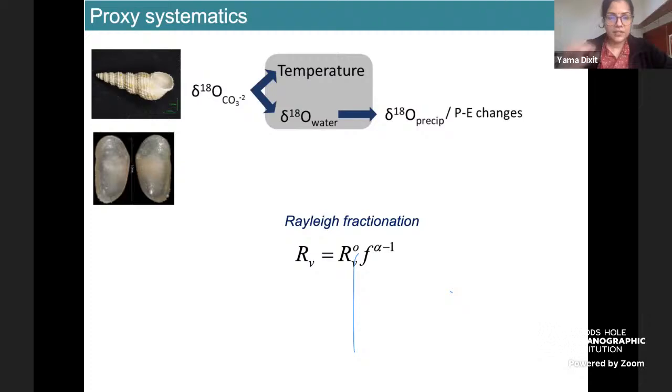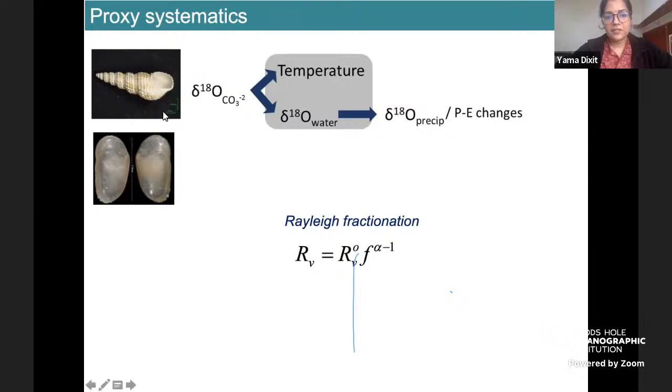actual record, I would give you a brief introduction to what I'm using for reconstructing these records. I use these shells, like I talked about before, that if you dig straight into the ground vertically, you would find. And interestingly, these carbonate shells, either aragonite or calcite, would have recorded the isotopes of oxygen, which would reflect either the temperature changes in the region or the isotopic changes in the water that they were living in.